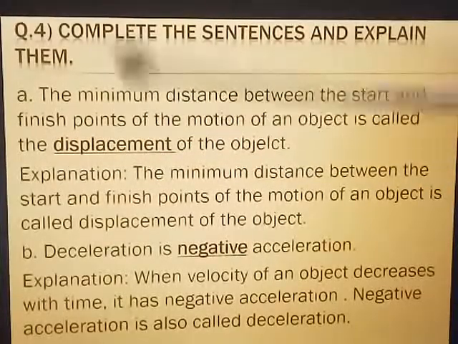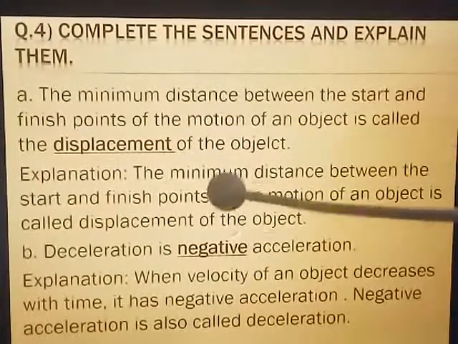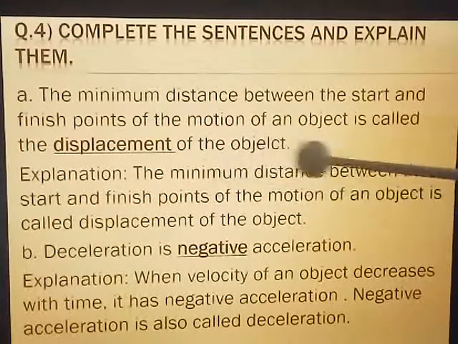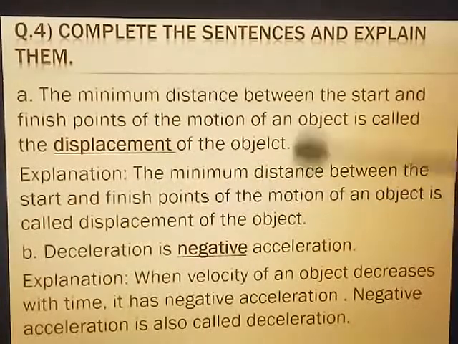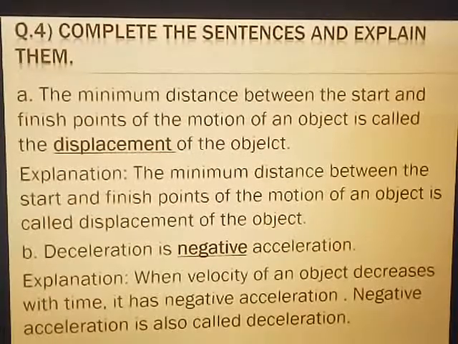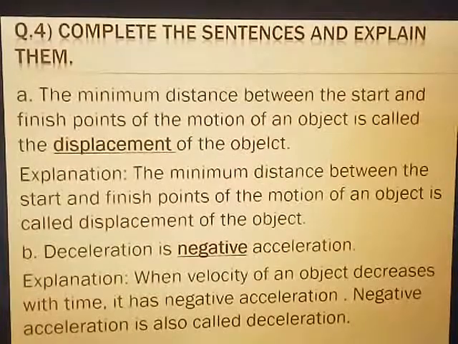So you all have seen in the definition, it is nothing but displacement of the object. So that same definition which you know, the minimum distance between the start and finish points of the motion is called displacement. So that only you can write as the explanation, because it is nothing but a definition. So for a definition you cannot give any other explanation.